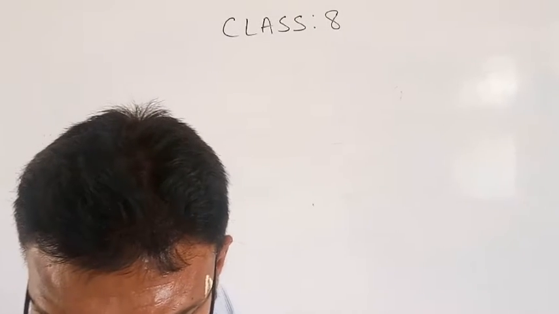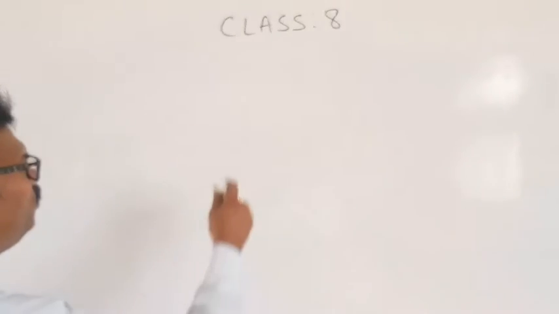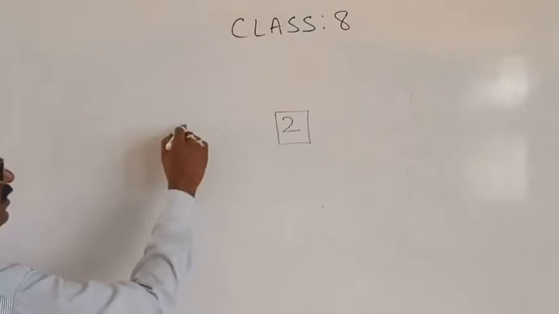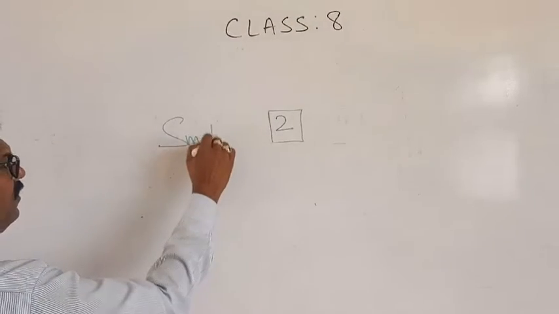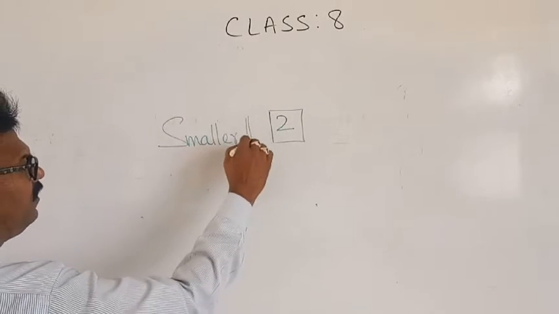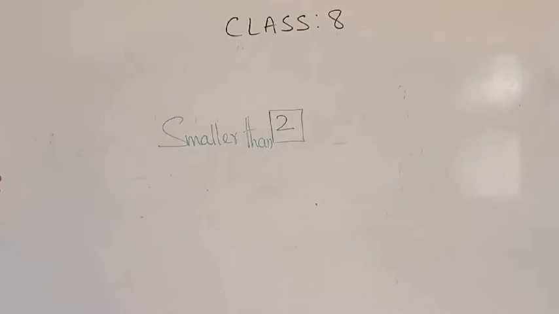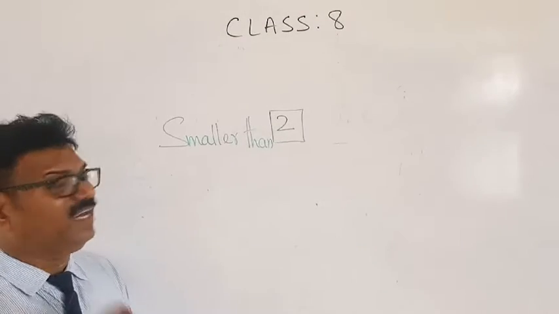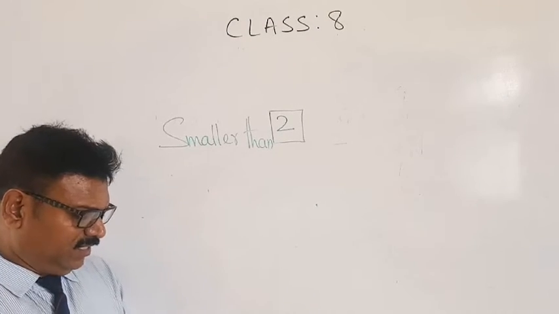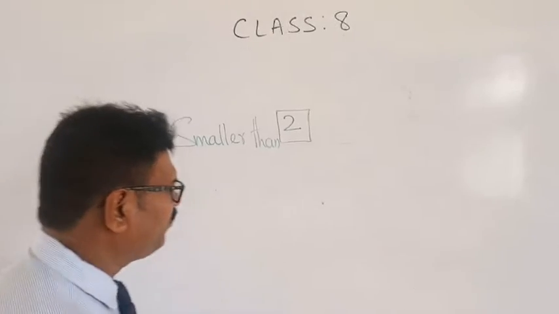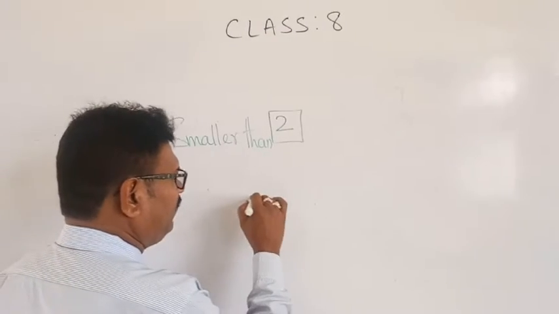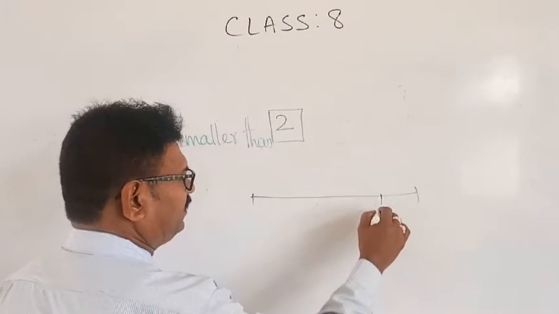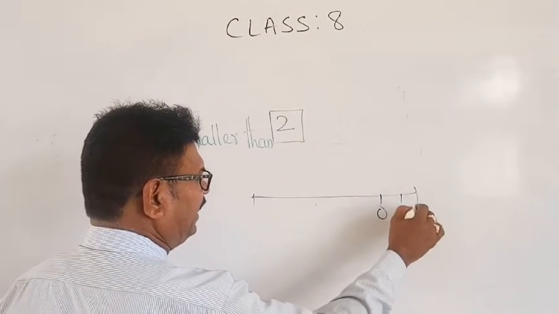Write 5 rational numbers which are smaller than 2. We have to write 5 rational numbers which are smaller than 2. See, I will tell one small thing for you. If you see the rational number line here, 0, 1 and 2.